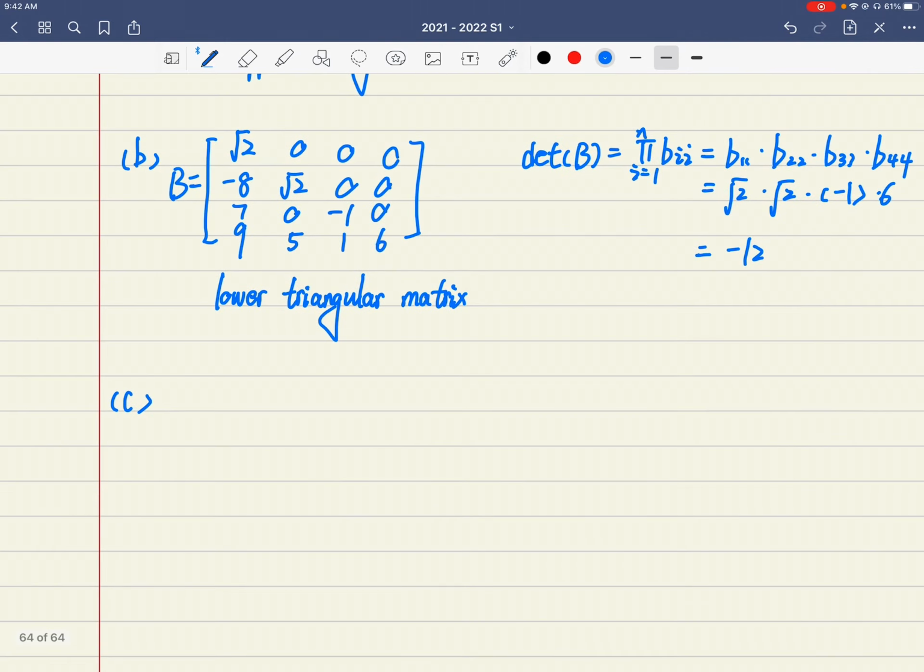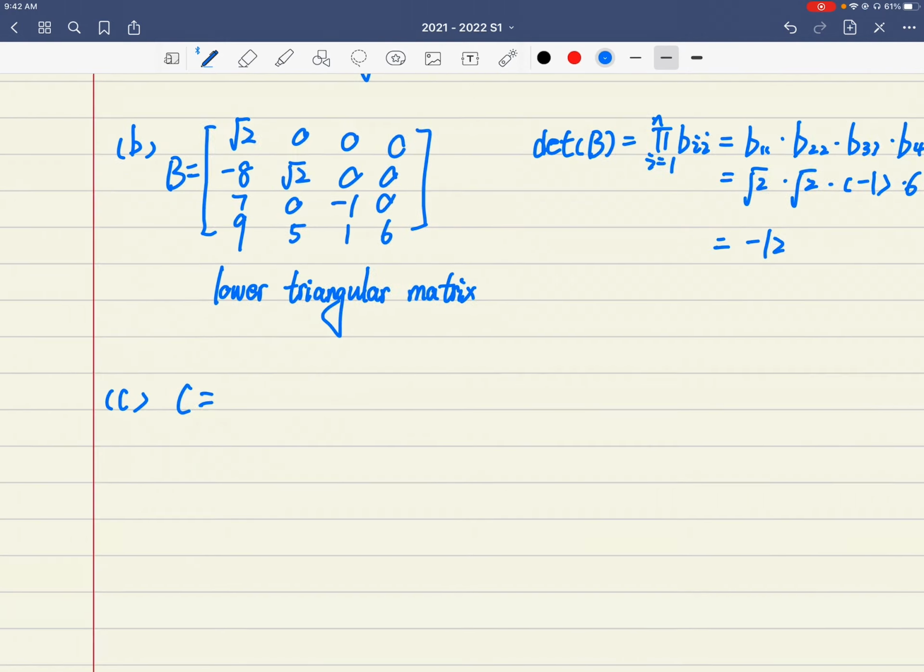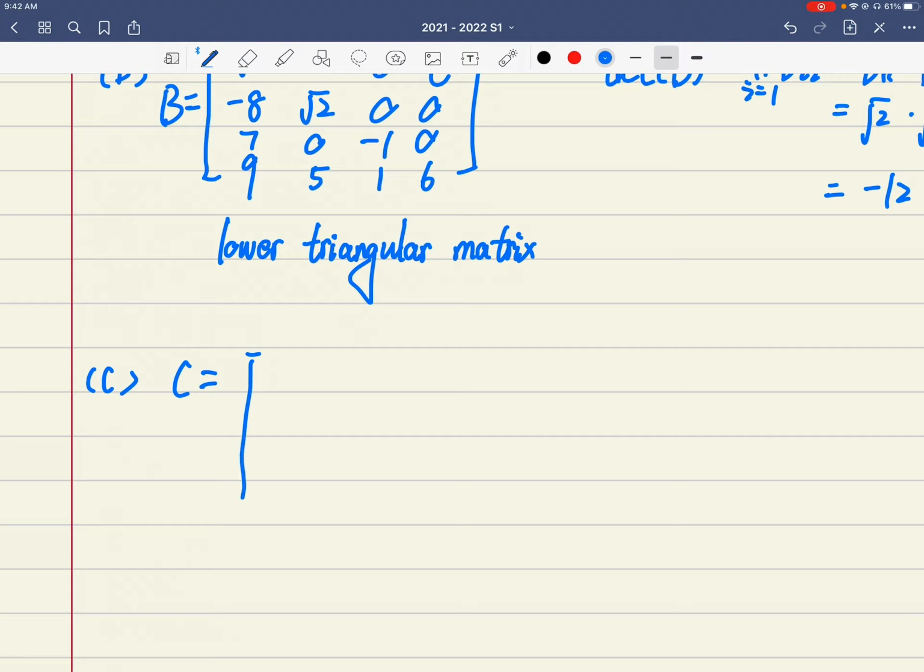Third, part C. This matrix is a special matrix. Why is it special? Because it has a row of 0. Its second row, all entries are 0.